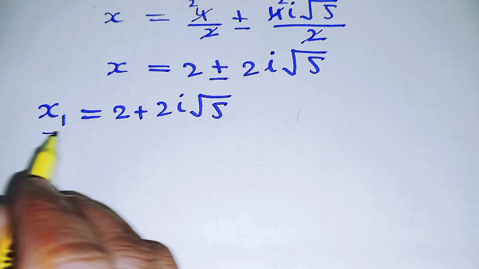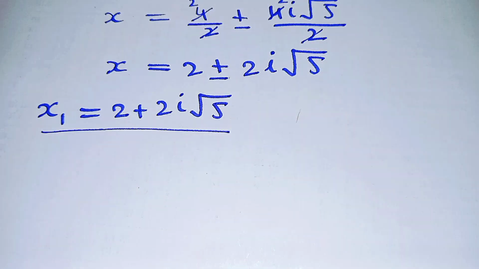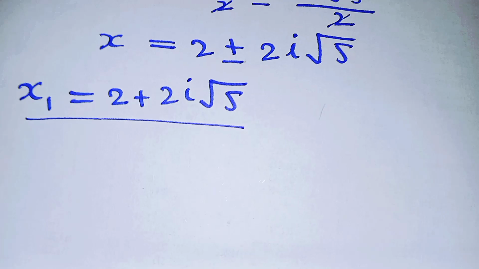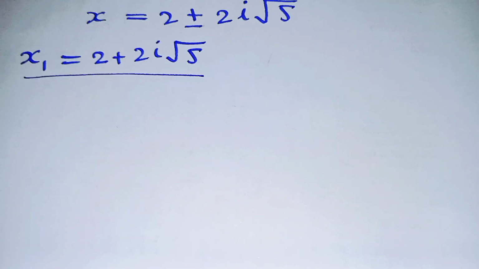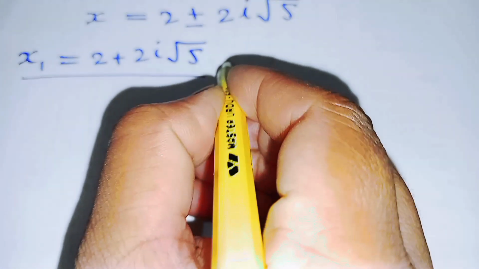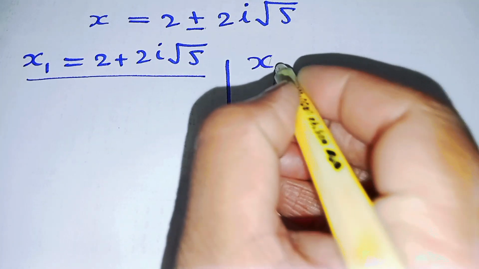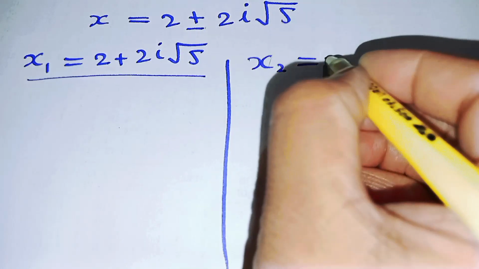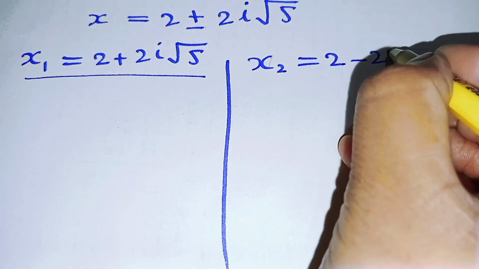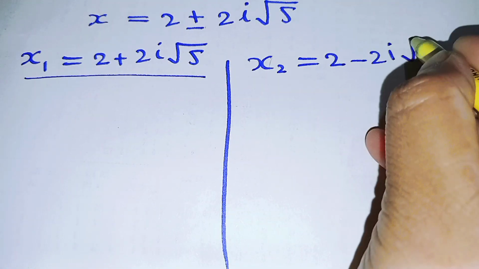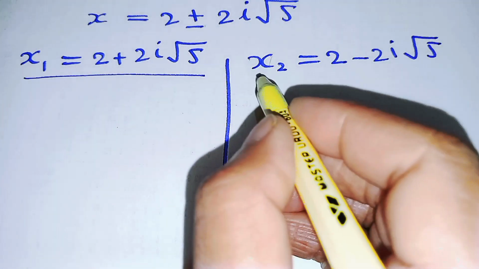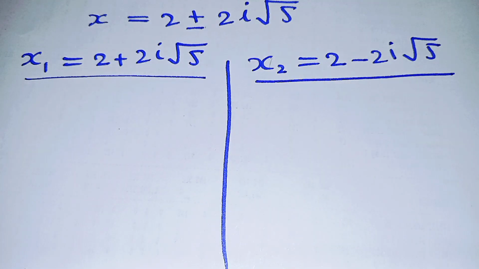And the second value of x is equal to 2 minus 2i square root of 5.